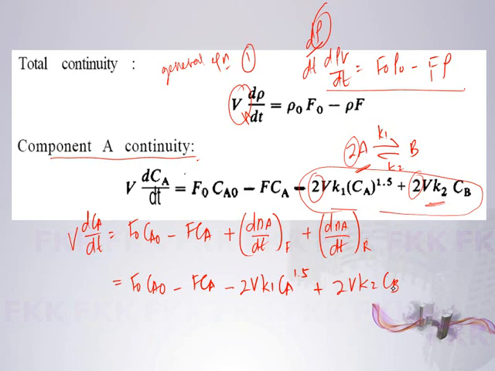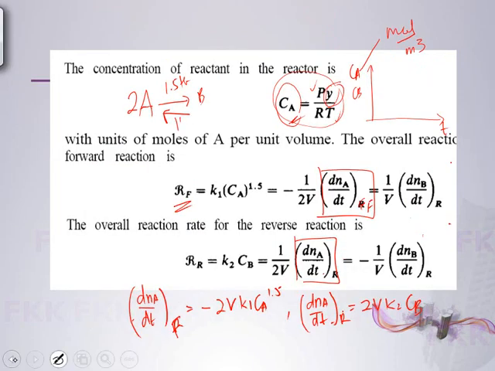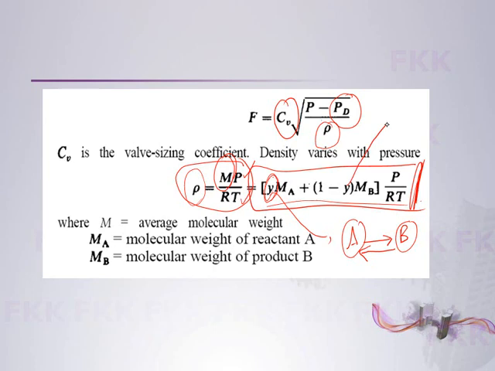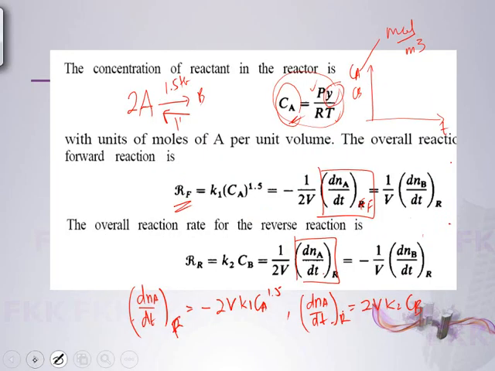If you want to solve this, if you want to solve the density for this, then you have to plug in the equation from this one, in which the variable is y. It changes, and this y can also be converted to the concentration later.